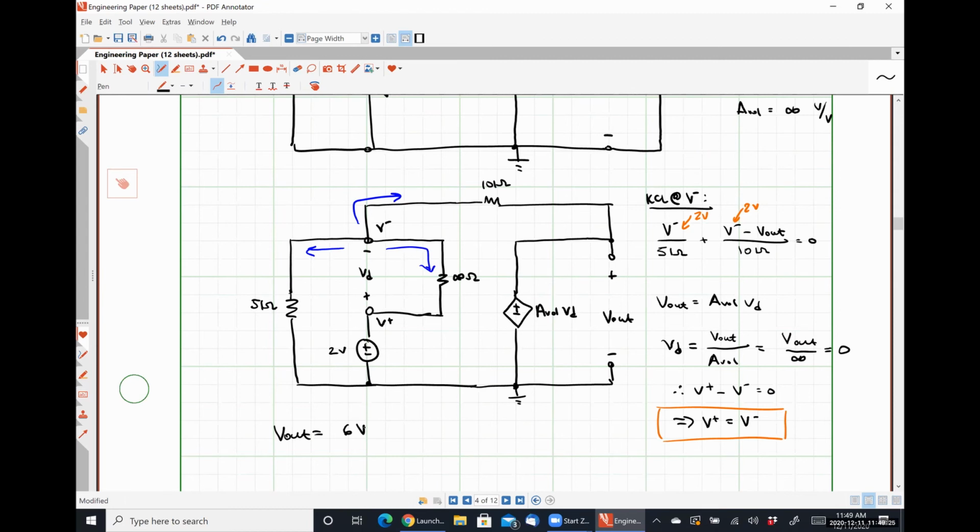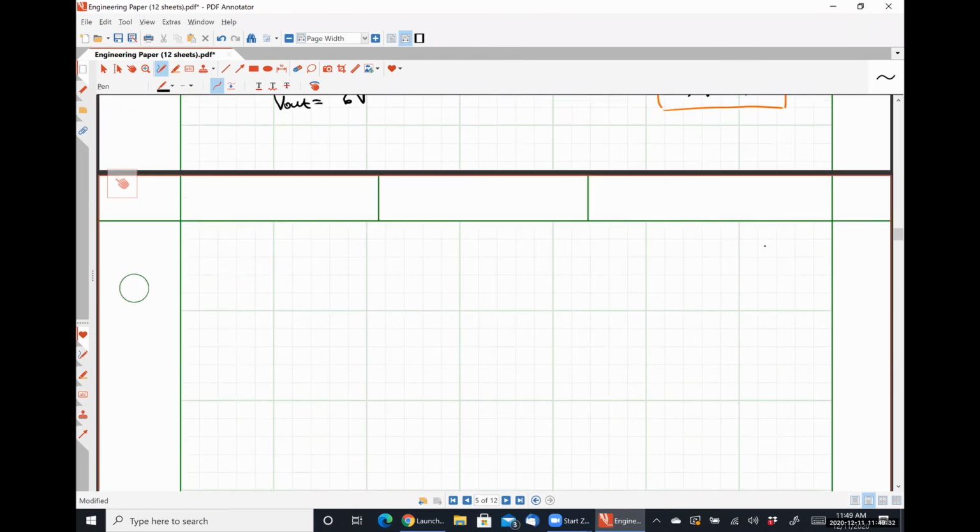So we can use these relationships that we've developed to give us two simple rules for ideal op-amp circuits, and we won't have to use the practical model for them again.